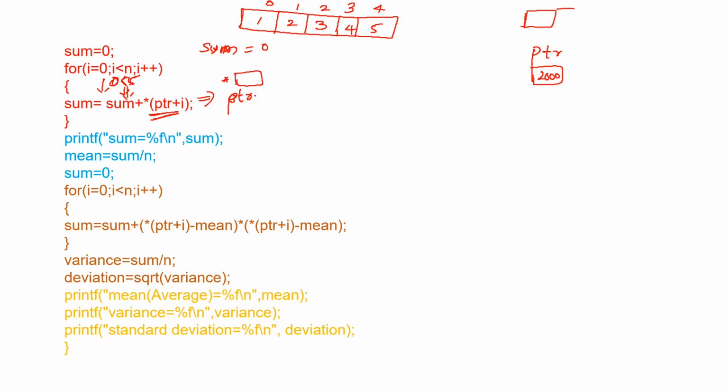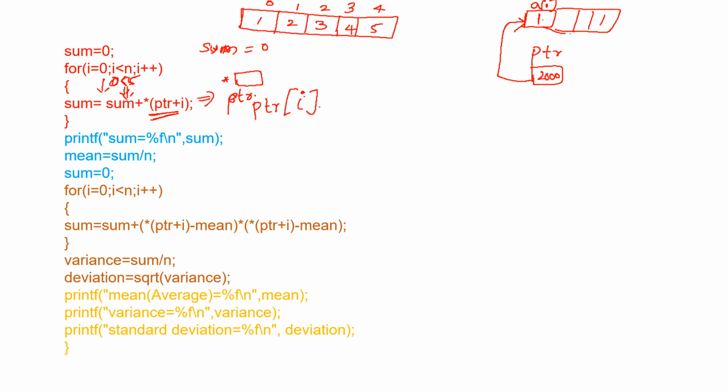Okay, so this is your array. So this will be pointing to your first element in the array, which is having the value 1, a of 0, right? So now star ptr plus i is always equivalent to ptr of i.